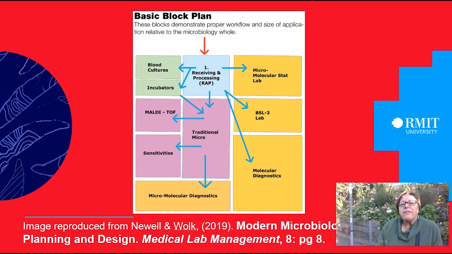Below the MALDI-TOF, you can see an area devoted to doing susceptibility. In our last interview part, you saw some susceptibility testing for the antibiotics, and that's a very important area to make sure that patients are on the right treatment.